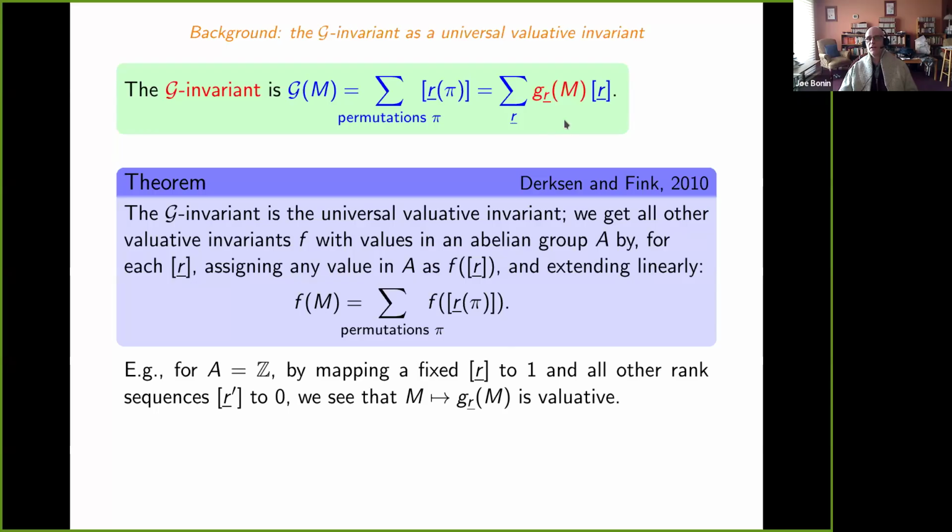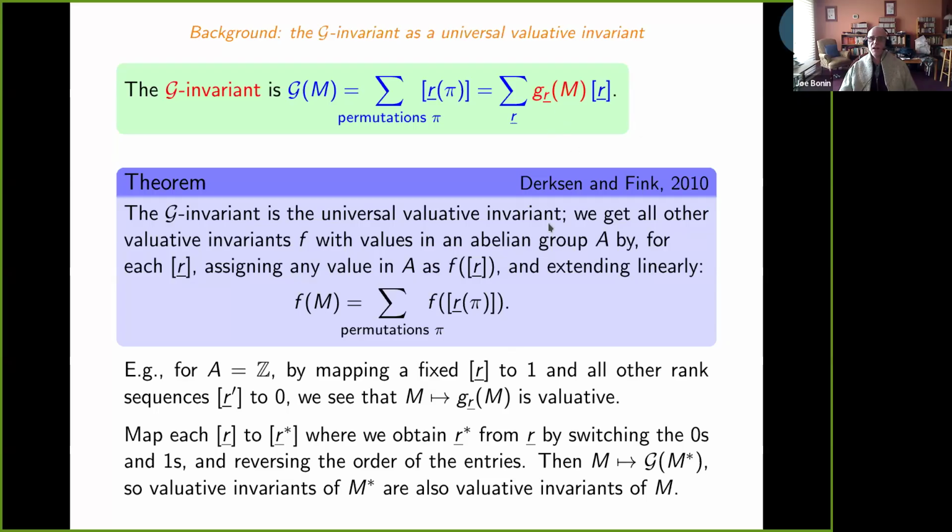That picks off a particular coefficient. Another interesting one is take your rank sequence, switch zeros and ones, and write everything backwards. That's the rank sequence you'd get out of the dual. So the G invariant of the dual is a valuative invariant of the original matroid.